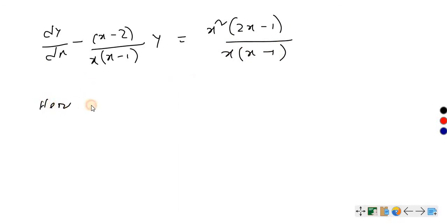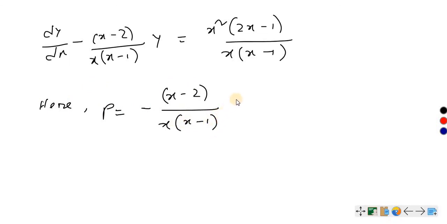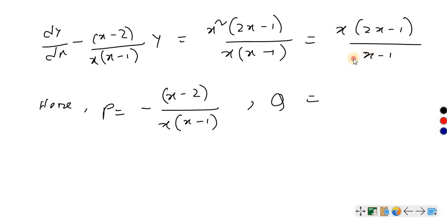Here P = −(x − 2)/(x(x − 1)) and Q, if you further simplify this, is x(2x − 1)/(x − 1). So this is our Q and this is our P.